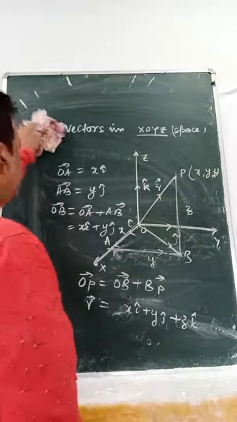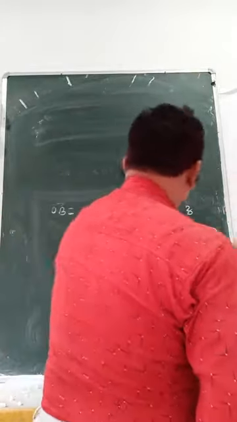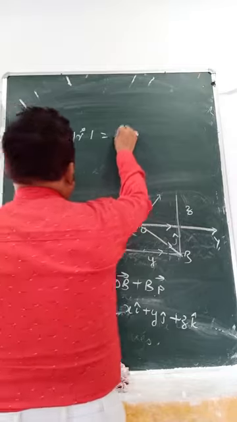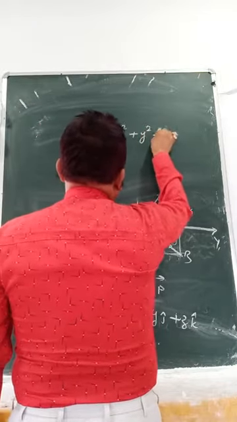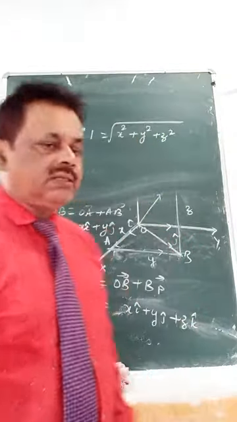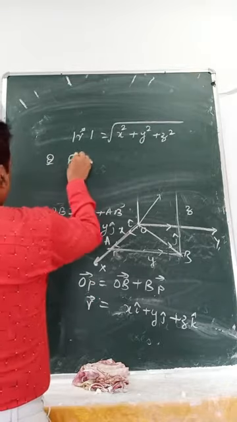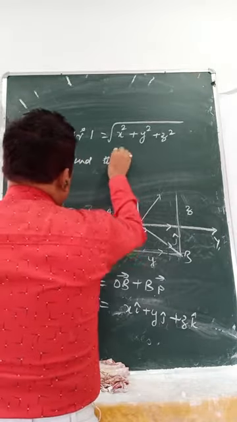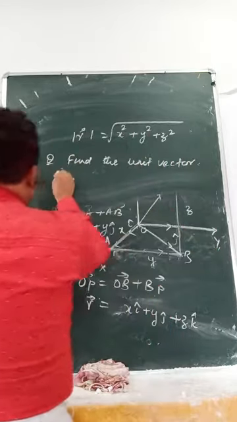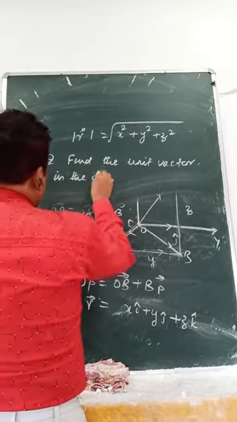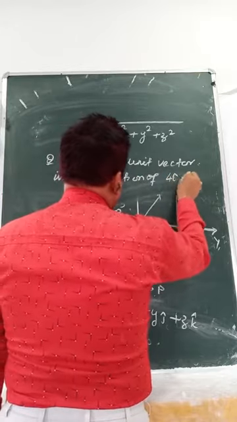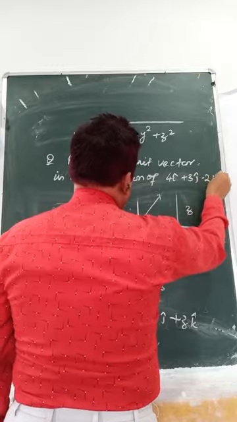Okay now, what will be its magnitude then? R modulus equals the square root of x square plus y square plus z square. So you can have a short question on this. Find the unit vector in the direction of 4i plus 3j minus 2k.